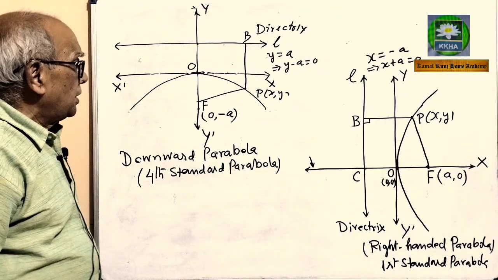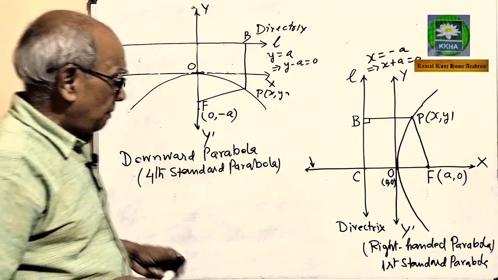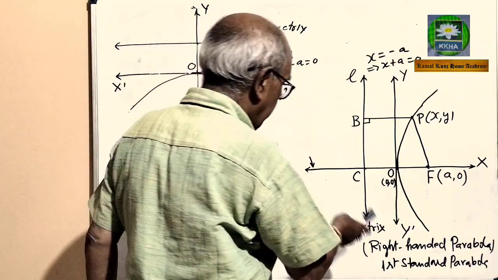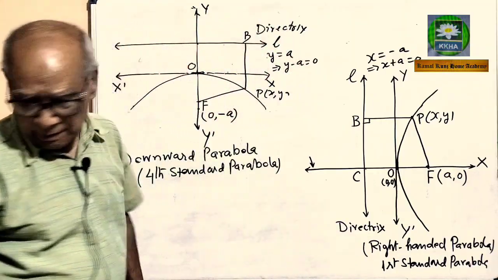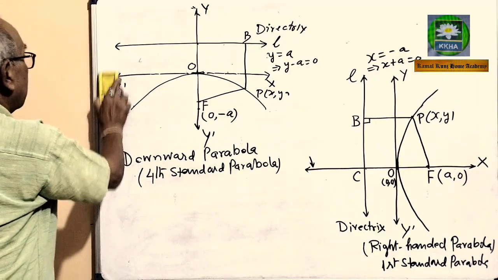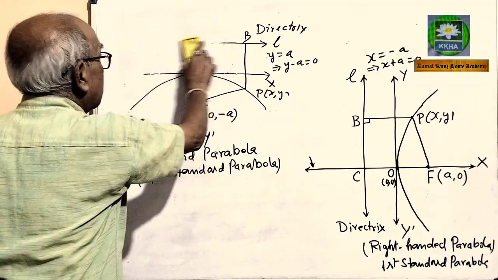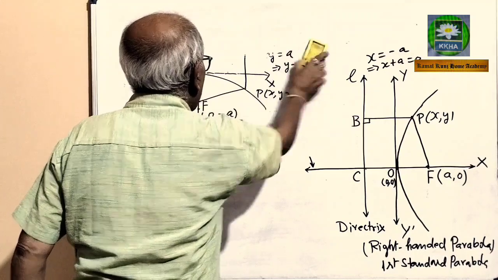Now we will find the equation of a parabola using the right-handed parabola. We will derive the equation for the right-handed type parabola.